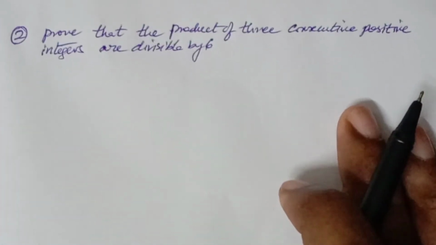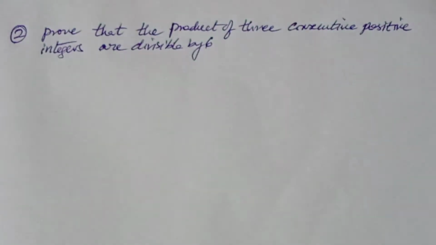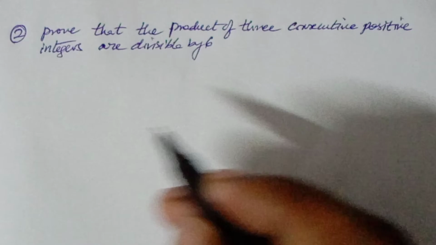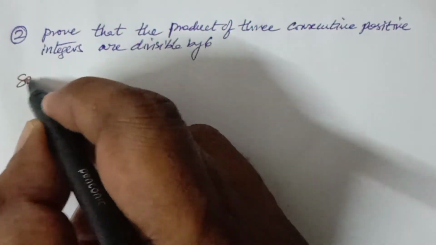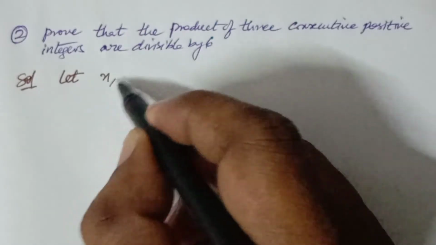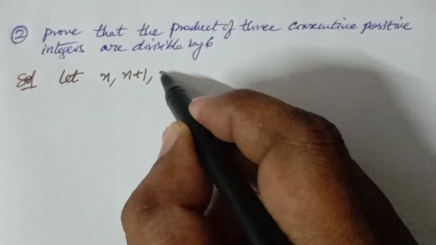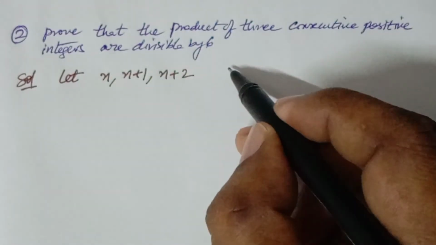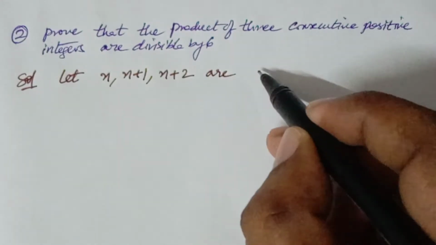Here the problem is given: prove that the product of three consecutive positive integers is divisible by 6. So here let n, n plus 1, n plus 2 be three consecutive integers.